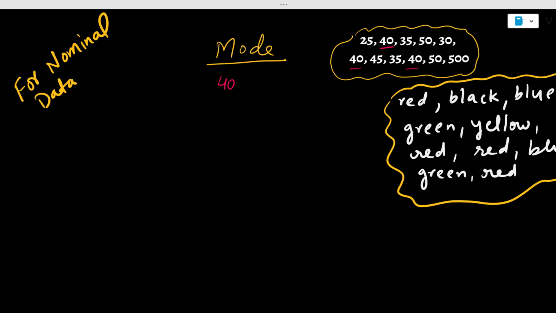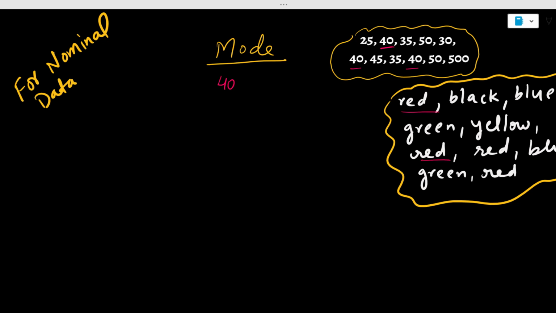It is mostly used in case of nominal data where there is no ordinal scale, there is no numerical value, and in that case we find out the most occurring value in the data set. Let's say we jot down the colors of different products in the shop, and in the sample we find that these are the colors, and what is the most occurring value here?